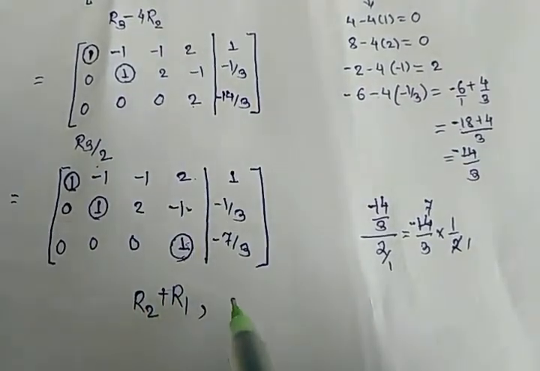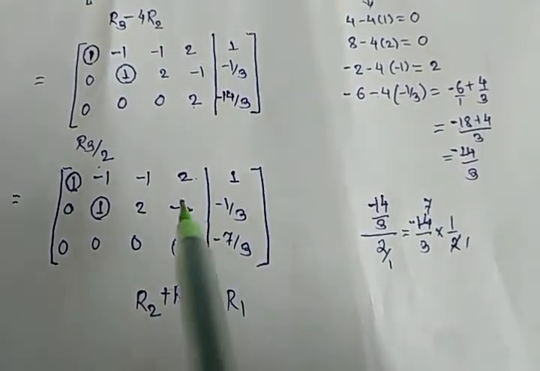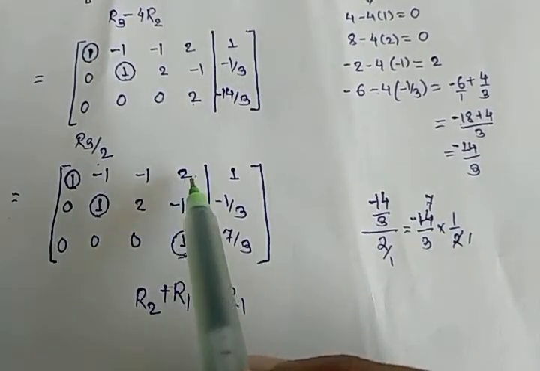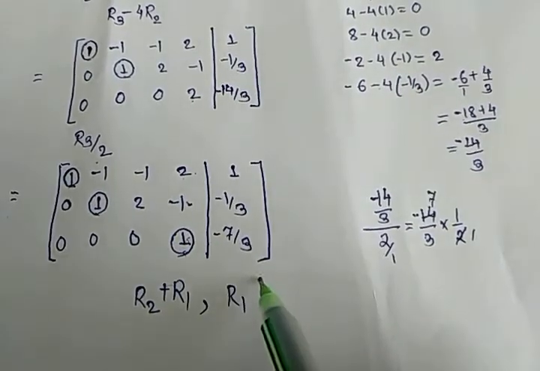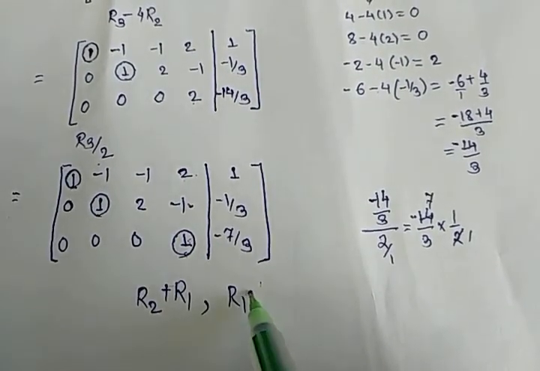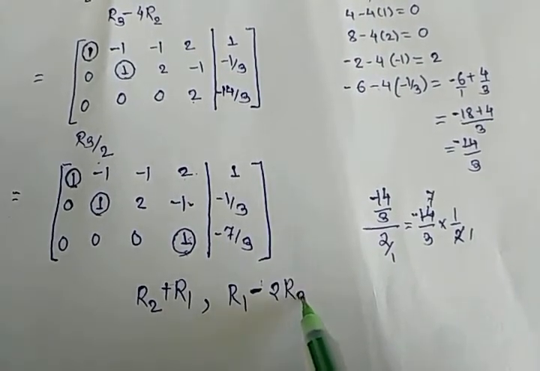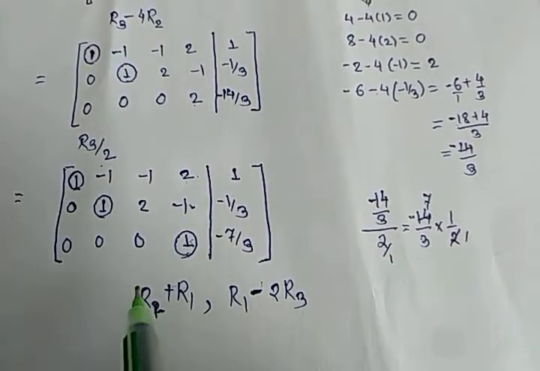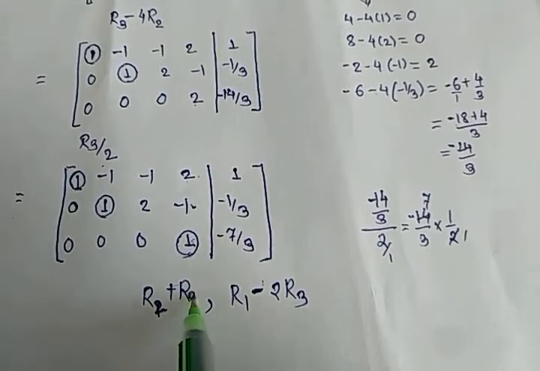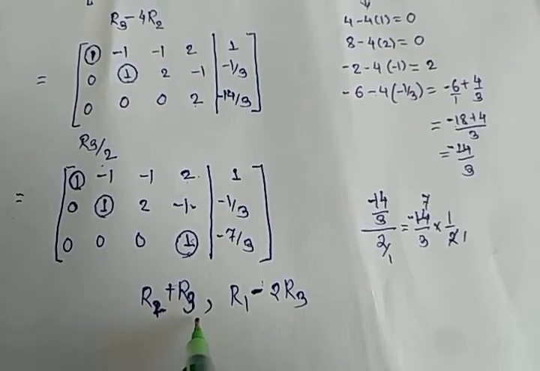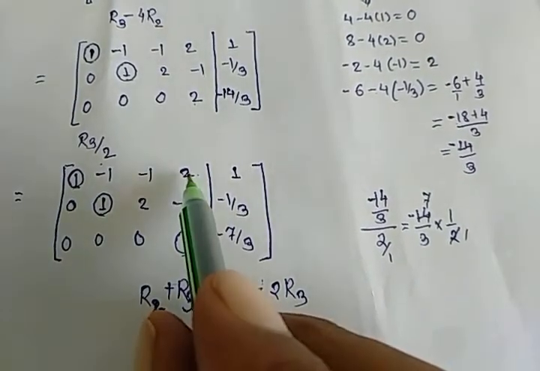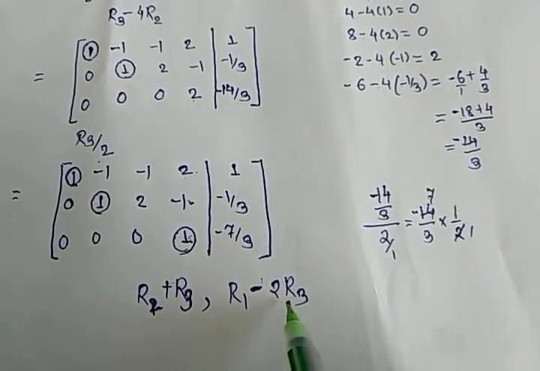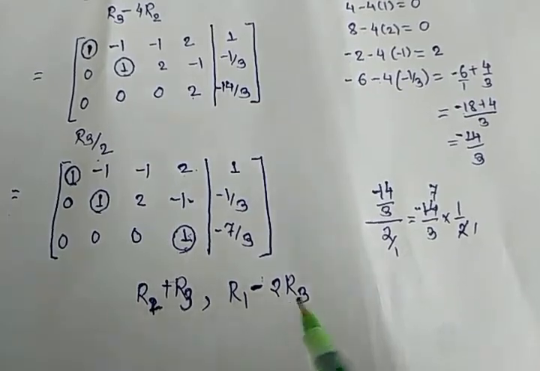And for the first row, for position A14, we make the row operation R1 minus 2 R3.